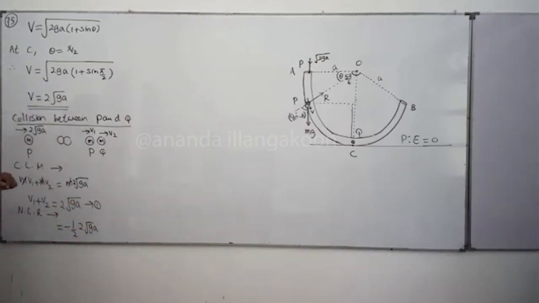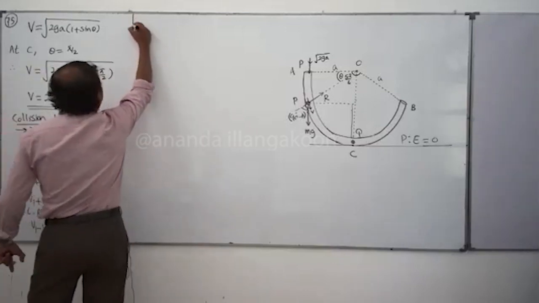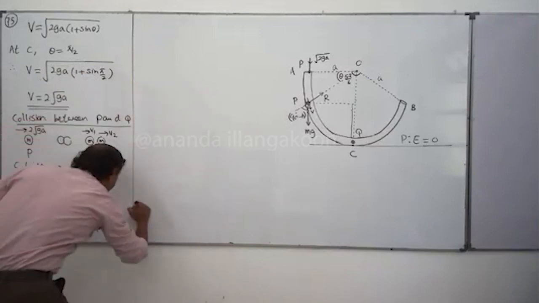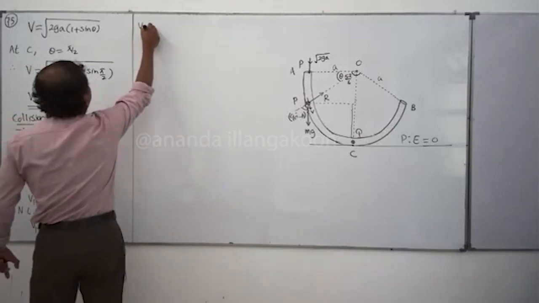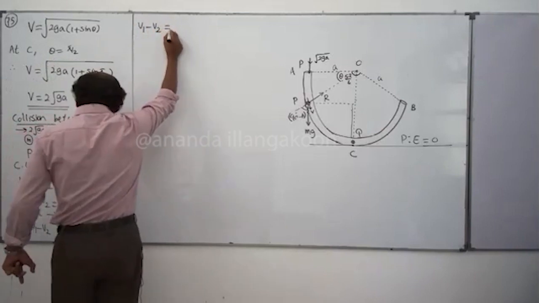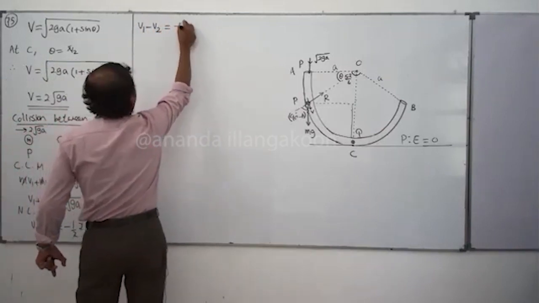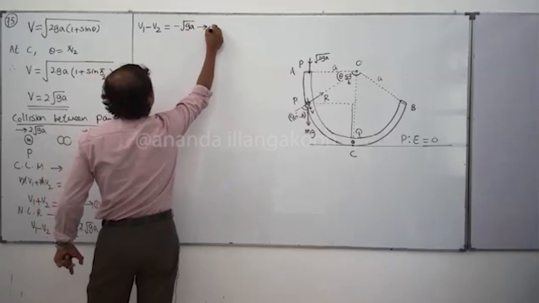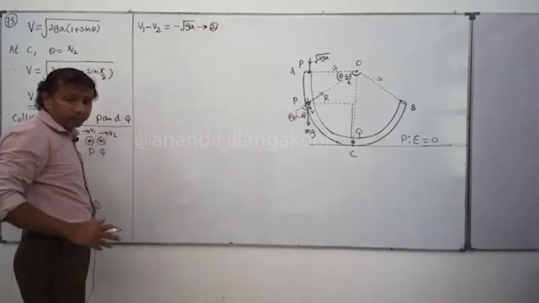After impact, we apply V2 leftward on Q so that Q is at rest, and P will get rightward V1 minus V2. This 2 and this 2 you can cancel down. The second equation we get is V1 minus V2 is equal to minus root gA. This is number 2.